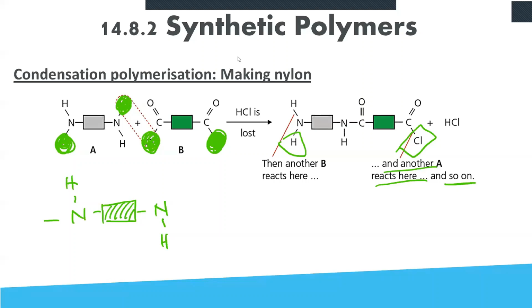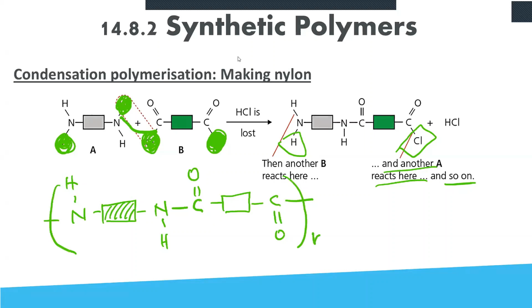That bond will combine with the one which is removed, that is the C-Cl bond. So that bond is bonded to the C double bond O carbon, and then we have the box, then C double bond O, then a continuation line. We include the bracket, and then we include n. This is the structure of nylon. This is how we draw the structure.